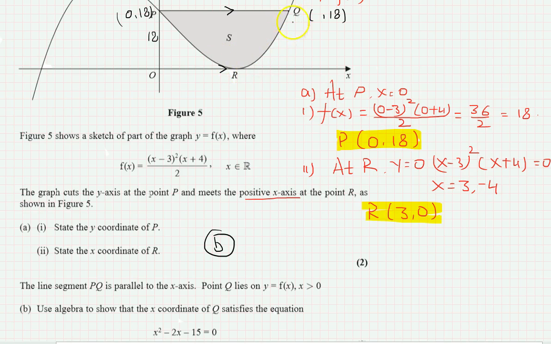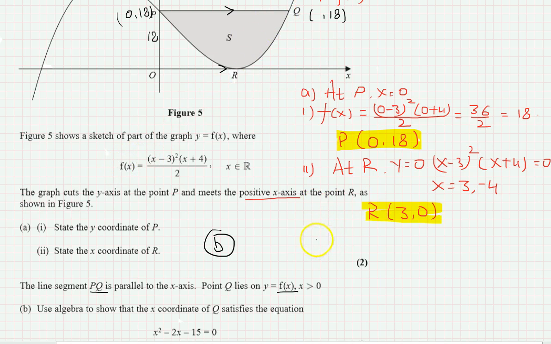And this Q lies on f(x) and this is parallel. So it means in this equation the y is 18. So the value of f(x) here is 18.